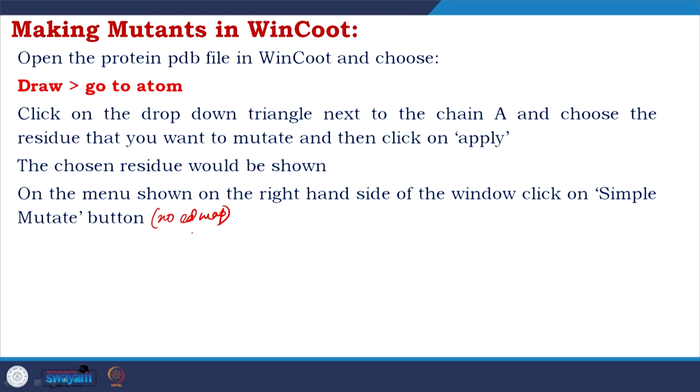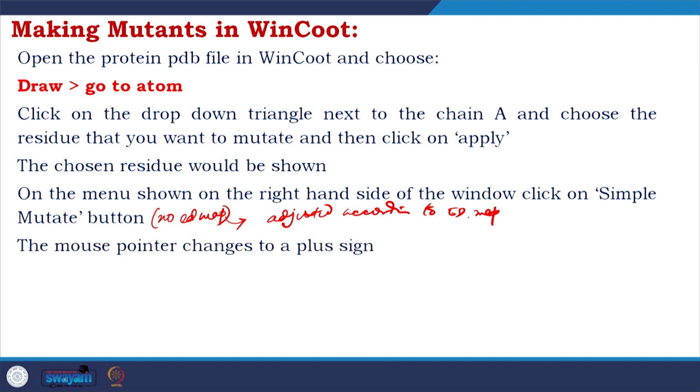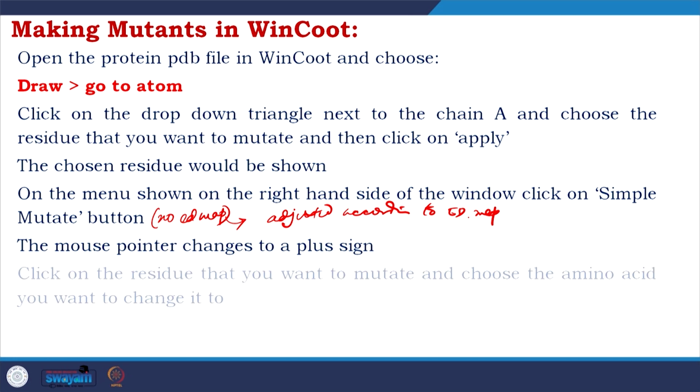but when you have an ED map, the mutation would be adjusted according to the ED map. So, there are two options. The mouse pointer changes to a plus sign, click on the residue that you want to mutate and choose the amino acid.